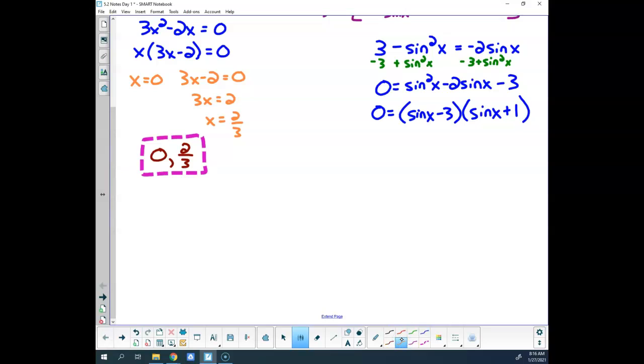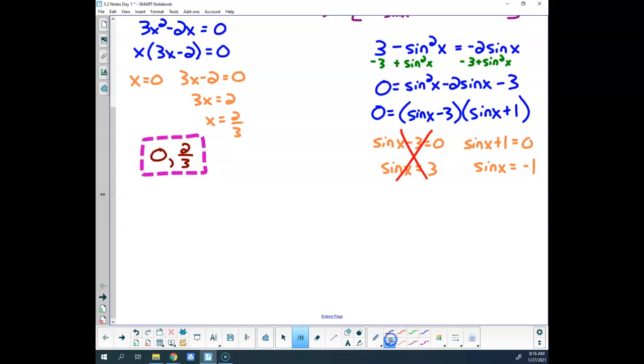Then we can go sine of x minus 3 equals 0, and sine of x plus 1 equals 0. Sine of x equals 3, sine of x equals negative 1. Can sine ever be 3? No. So that one is extraneous.